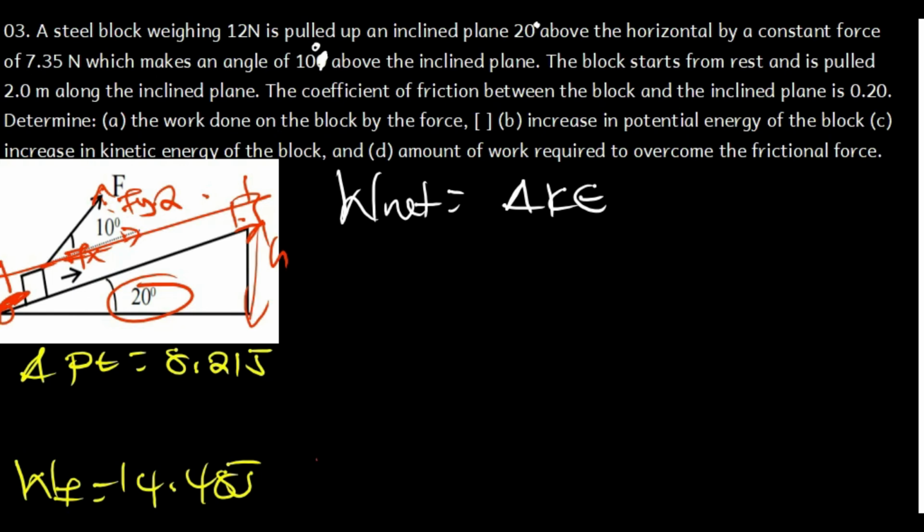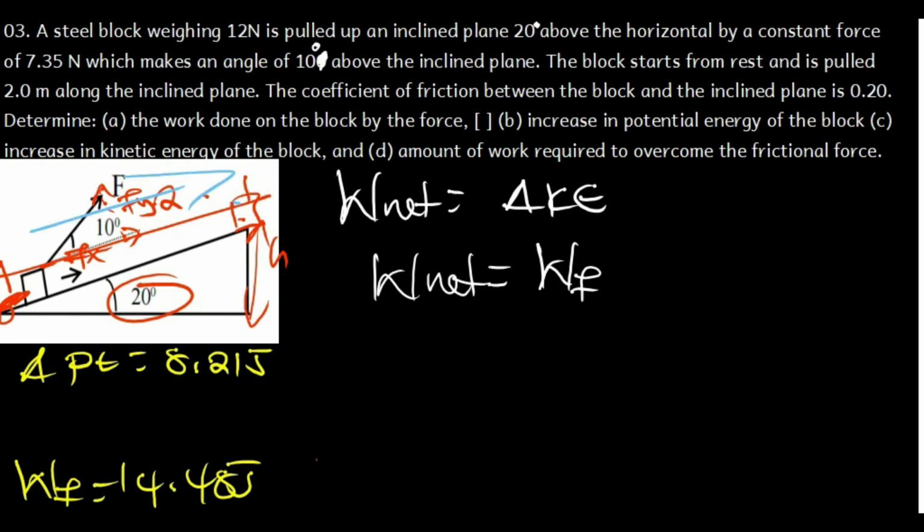So where we say the net work is equal to the change in kinetic energy. Now we are trying to find the change in kinetic energy. How do we find the net work? Once we find the net work, that is going to be our change in kinetic energy. The net work is going to be the addition of all the work done in the system. We have the work done by the force when this object was going up.